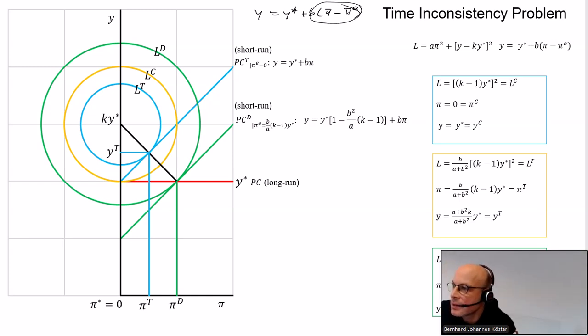This part cancels, and therefore we just obtain this long run Phillips curve, which is just a straight line. But still we have the optimal condition.